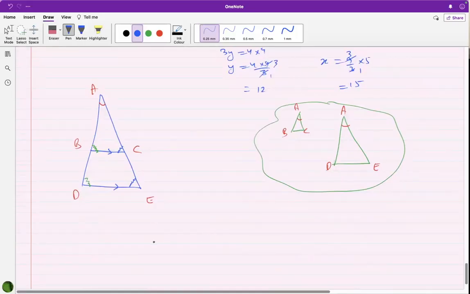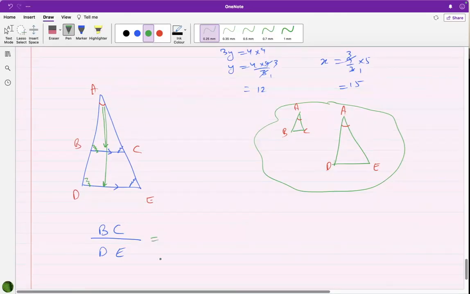Just tell me, if I write BC, what do you think is the corresponding side? DE. DE, that's right. Now, what is the reference? This angle marked in red is opposite to BC in the smaller, and the same angle is opposite to DE in the larger.